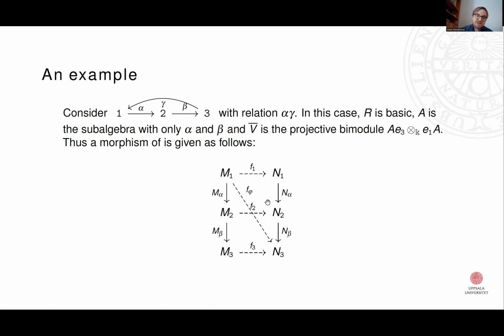So for example, if you take the simple representation at 1, K, 0, 0, and the simple representation at 3, 0, 0, K, you will see that you get a morphism from the simple at 1 to the simple at 3, which couldn't happen in the abelian case, of course, because you're dealing with simple modules and Schur's lemma holds.